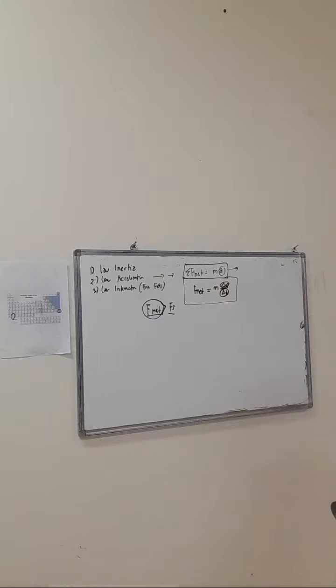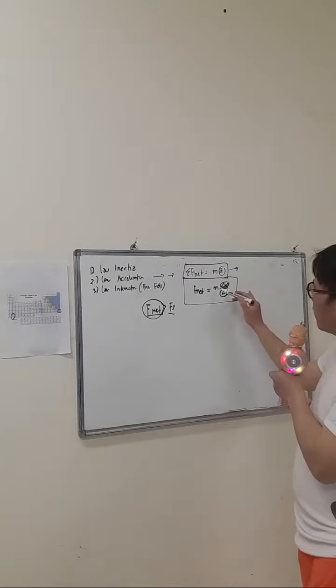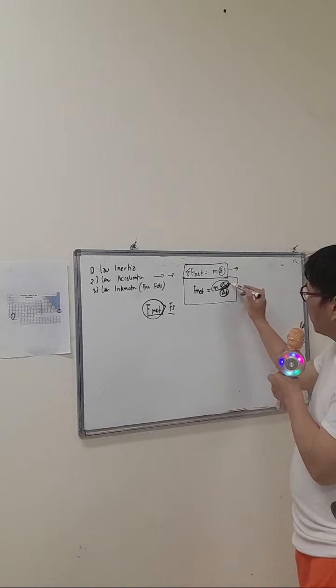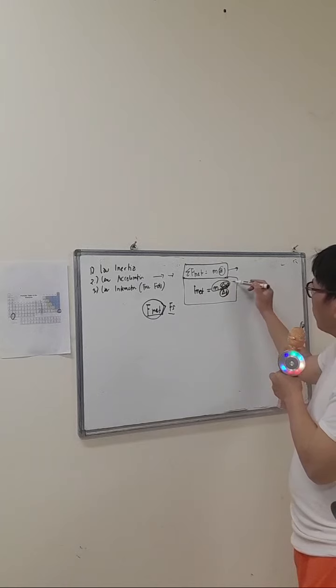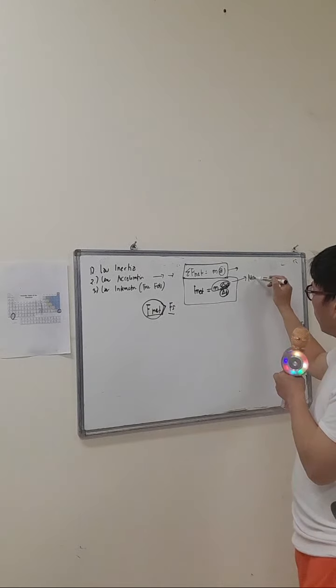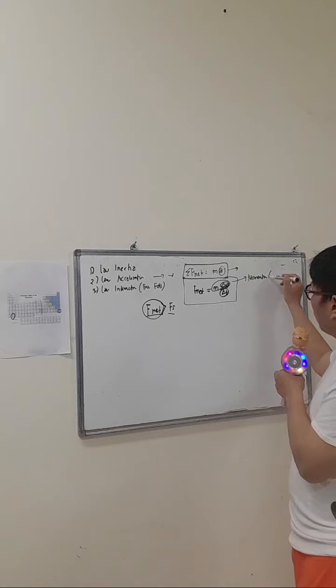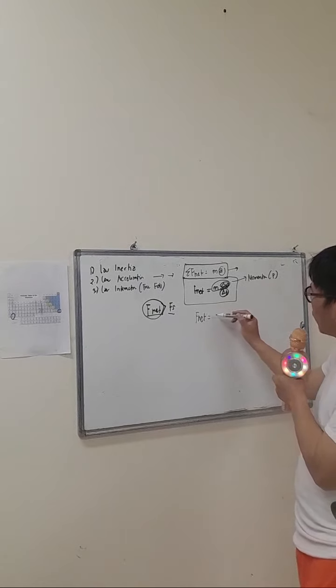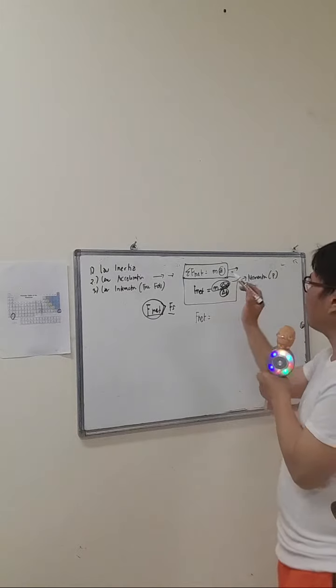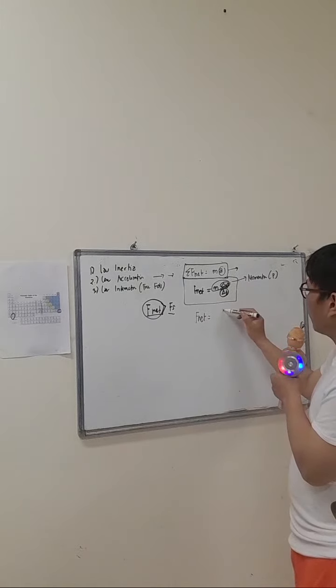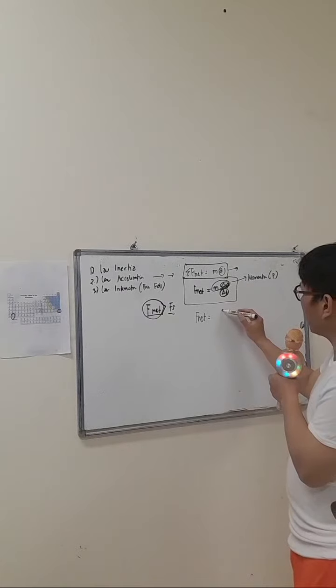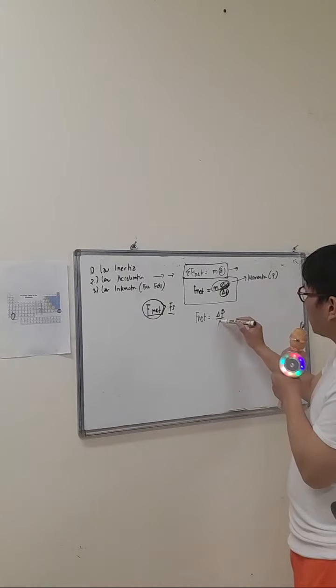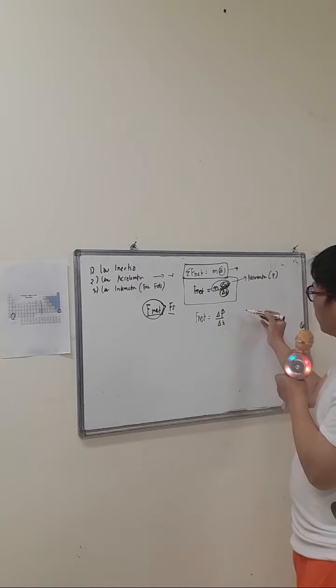How can we achieve another formula from this? You multiply the mass and the change in velocity, and by definition this is momentum. The symbol is the letter P. So I can say directly that the net force is equal to the change in momentum, delta P, but we still have delta T in the denominator.